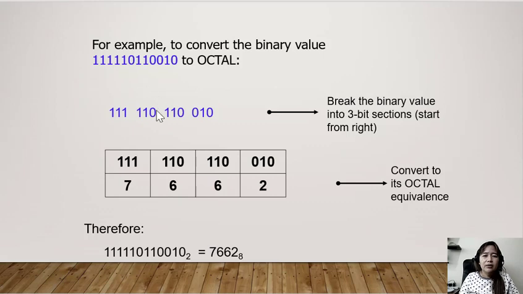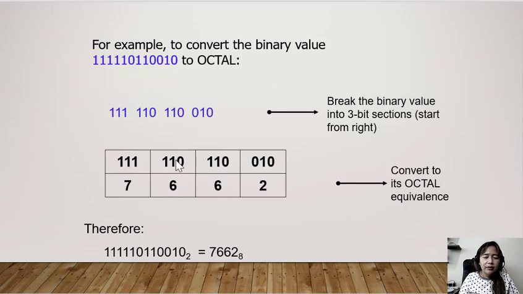Once you have broken them down into 3 digits, we convert them back to octal using the 4-2-1 conversion that we discussed in the other video. For 0, 1, 0, you only have the 2 activated, so that's 2. For 1, 1, 0, that means 4 plus 2 plus 0, so that would be 6.